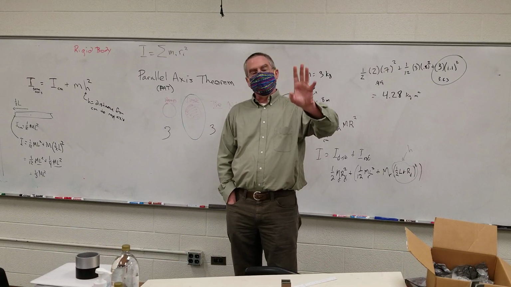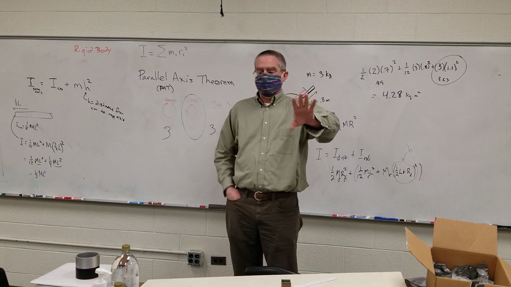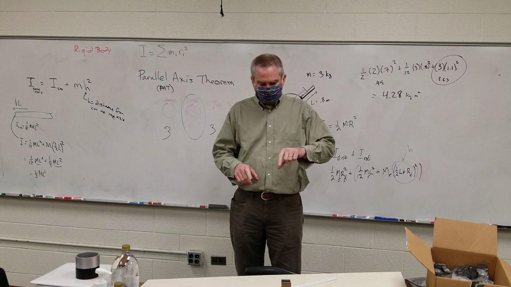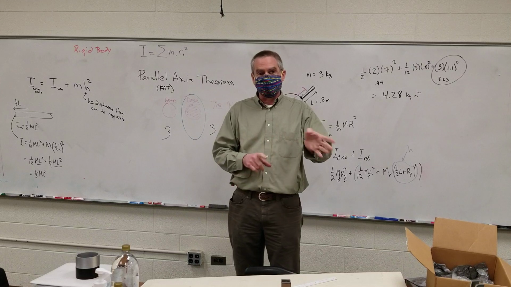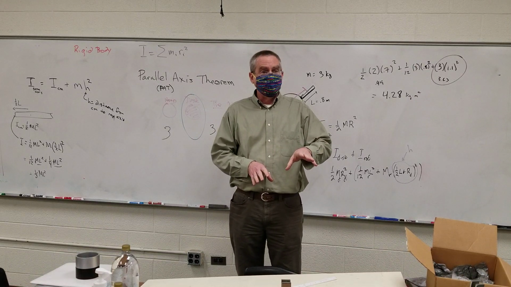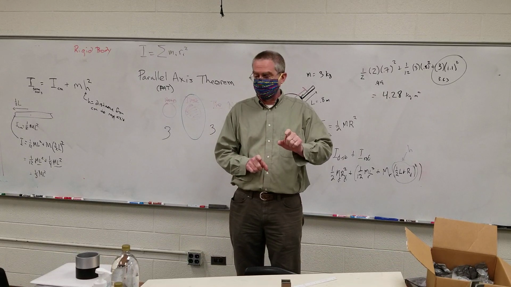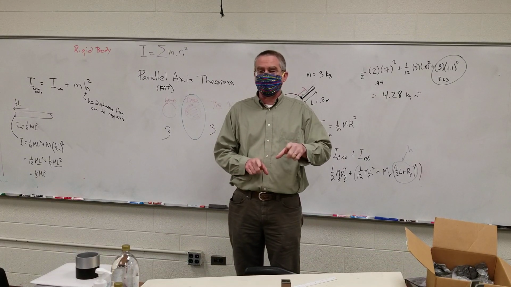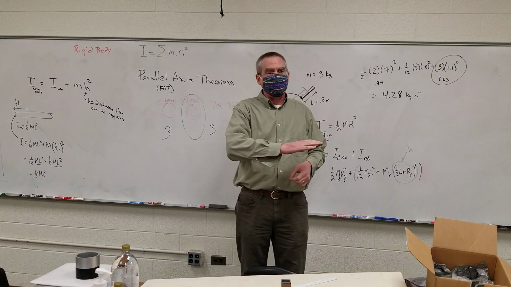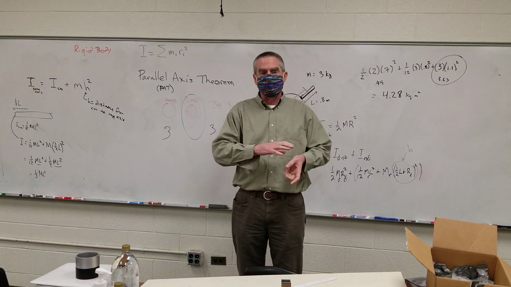All right. So, I first want to comment about friction. In order to do this properly, there should be no slipping at all. I am assuming an ideal roll, that the friction is not doing any work to the disc at all, because the friction should be static the entire time. In order to achieve that, I need the ramp to be low enough so that it doesn't get too fast and start to slip.